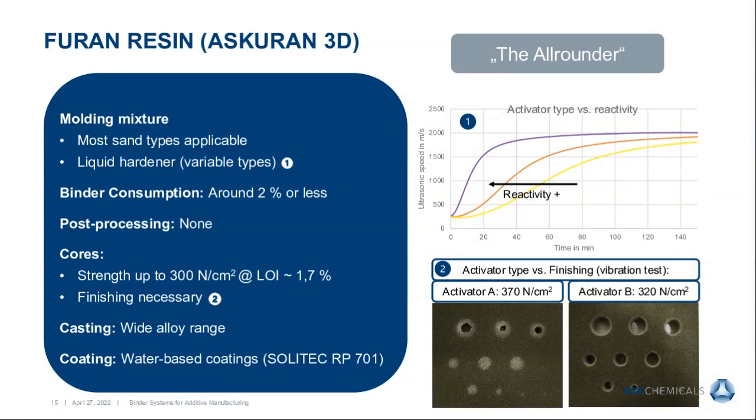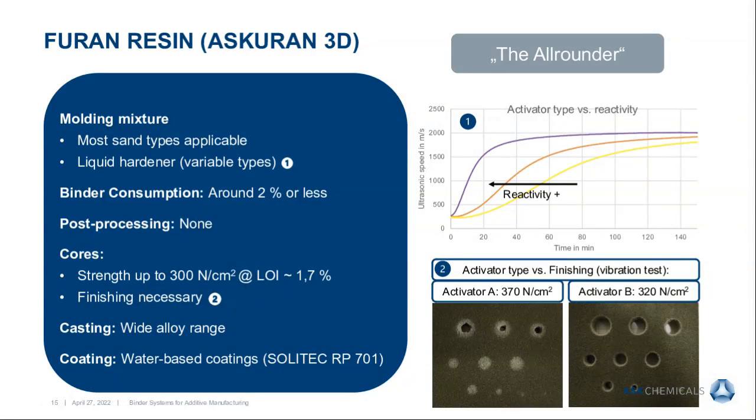And one can see that using either activator A or B, a very different appearance of sand adhesions can be obtained, but it also comes at the price, in this case, of reduced strength. So there has to be a balance, which can also be suitably selected by choosing the right activator. In terms of casting, a wide alloy range can be cast with the Ascoran 3D system.